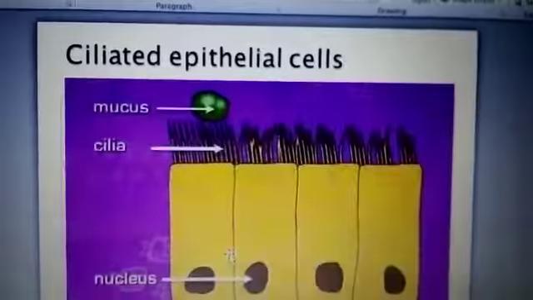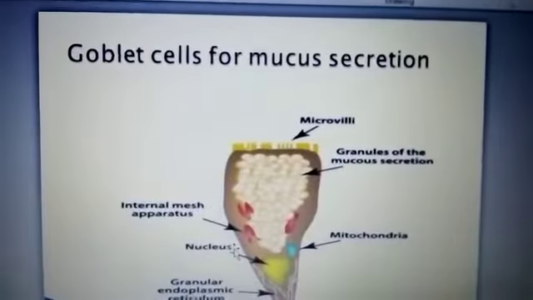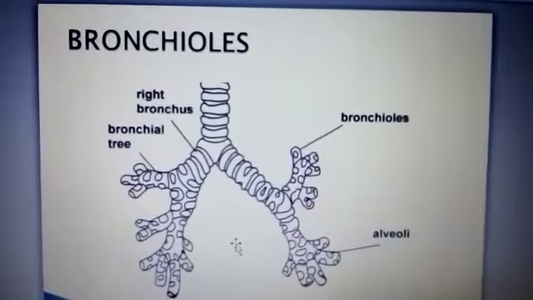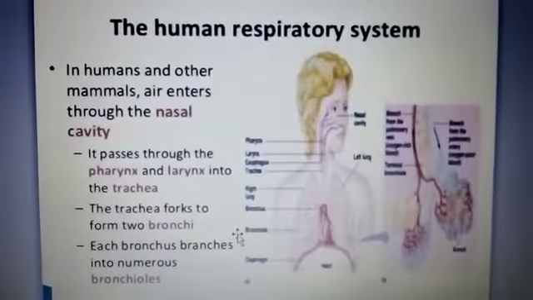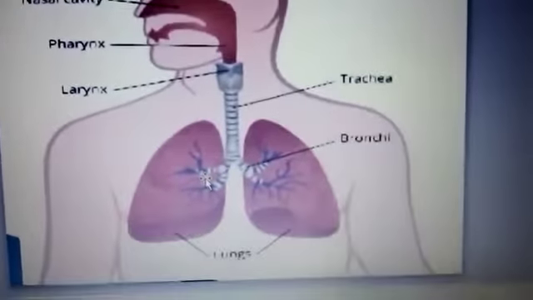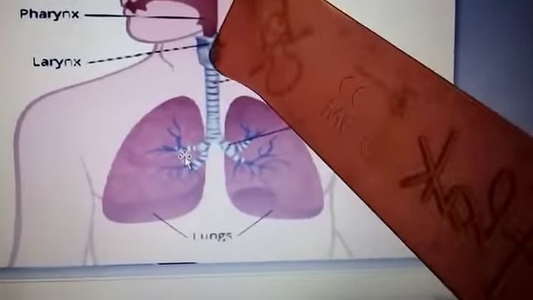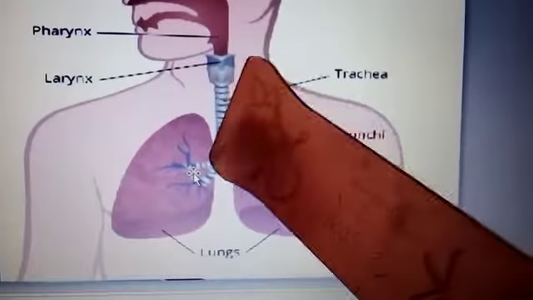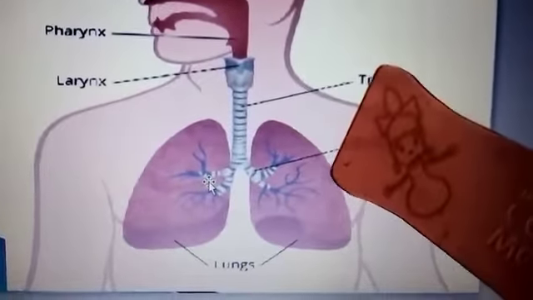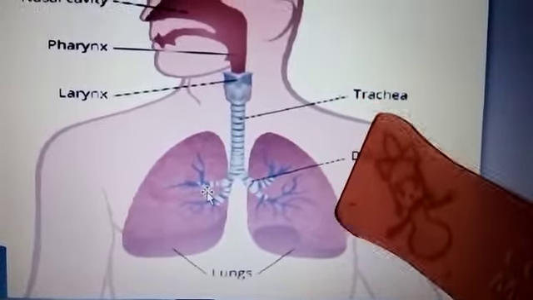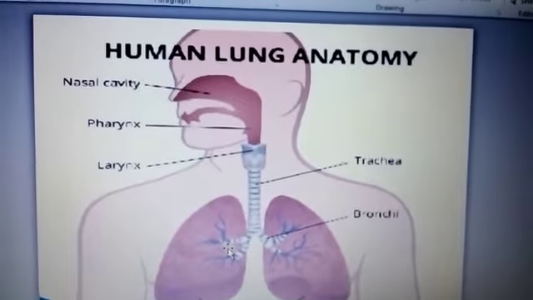And here comes the end of our chapter. So once again, going back to the structure of human lungs. Trachea with cartilage, two branches called bronchi, singular bronchus. Again, it branches into bronchioles. Bronchioles are associated with tiny air sacs called alveoli.